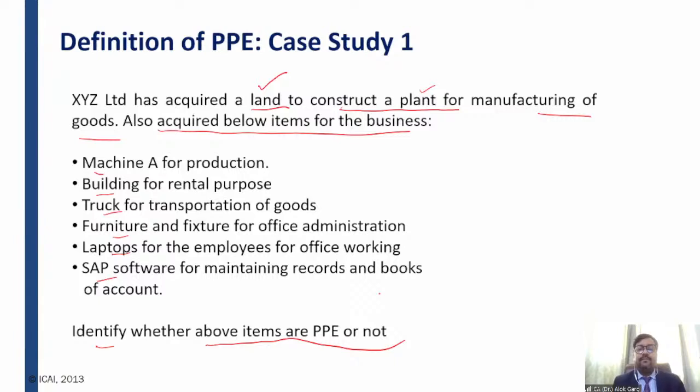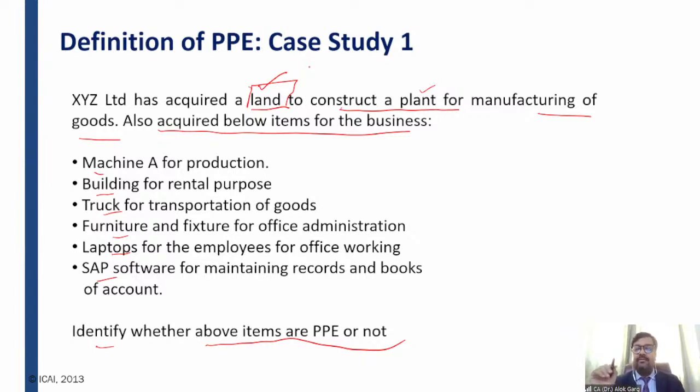So friends, first of all, tell me whether land is PPE. What is the objective of land? To construct a factory, right? Not for the purpose of rental purposes. So in that case, yes. Whether land is a tangible item, yes, sir. Whether land is held for use in the production or supply of goods and services, whether the life is more than 1 year, answer is yes, right?